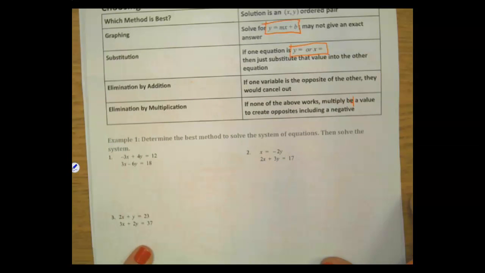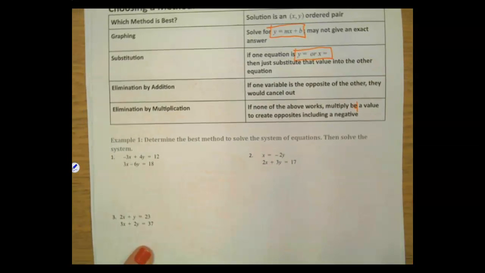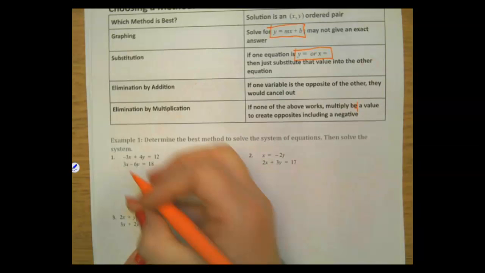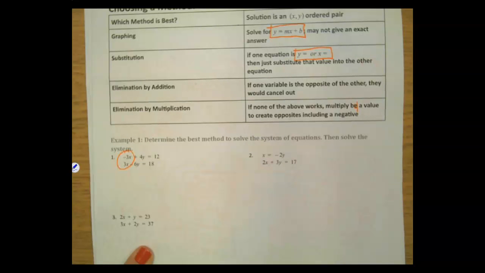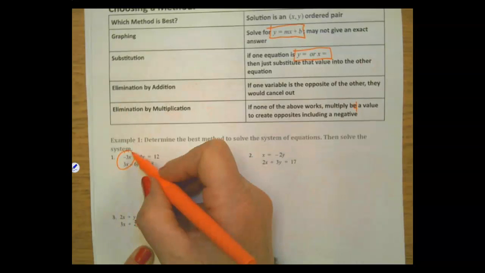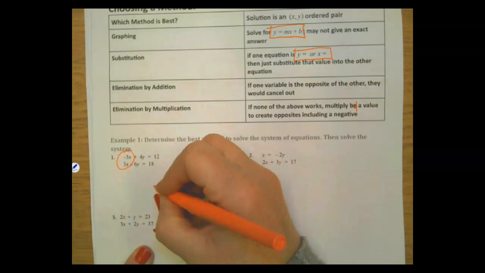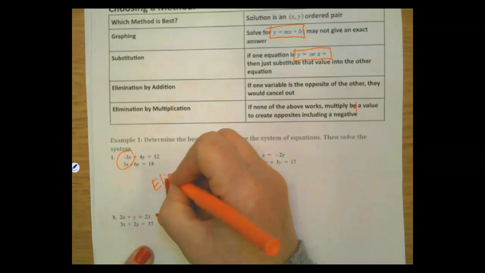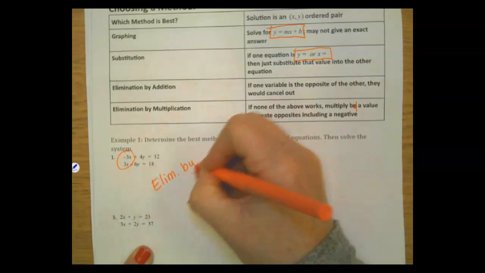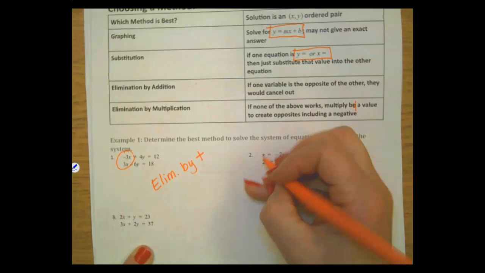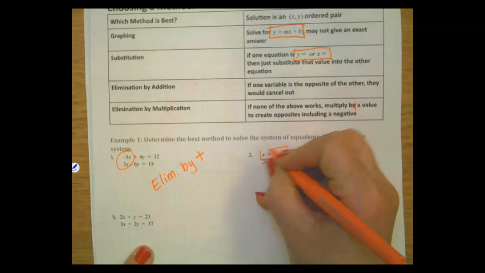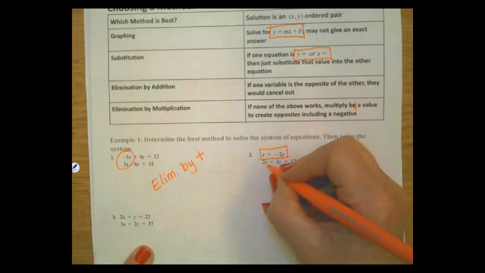So on here, if I look here, we're not going to solve this. We're just going to say, what method would you use? So quickly, you should see these would cancel out. So that one, elimination by addition, so we would just cancel that out. This one here, it says x equals. So we would take that x equals and put it in here.